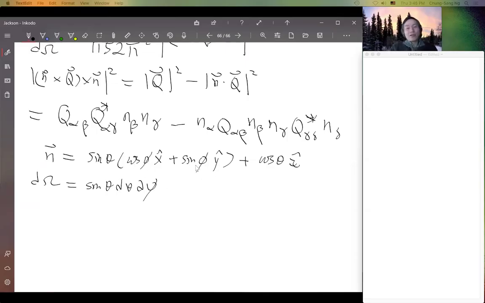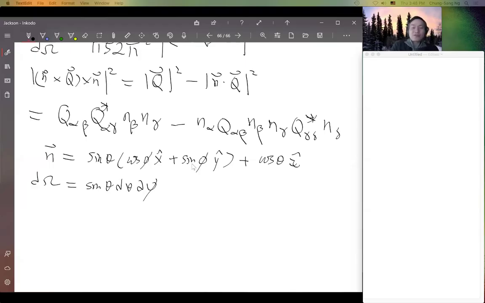If you multiply this with that, then you have sine phi cosine phi, integrated from 0 to 2 pi, which will give you 0, because multiplied together it's still a sinusoidal function.